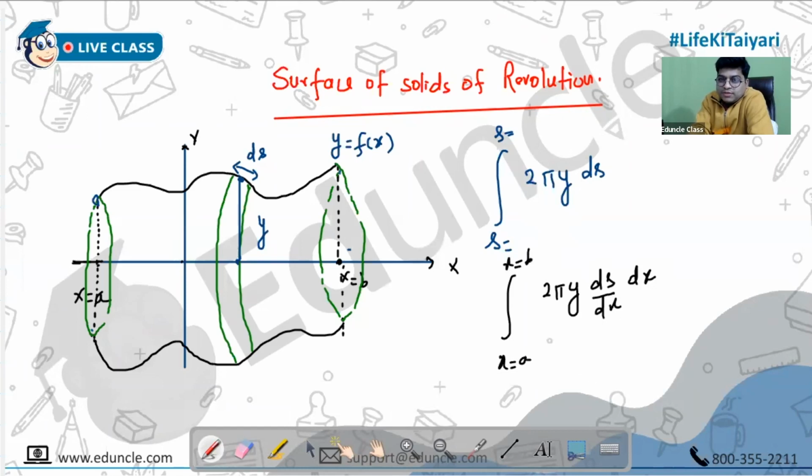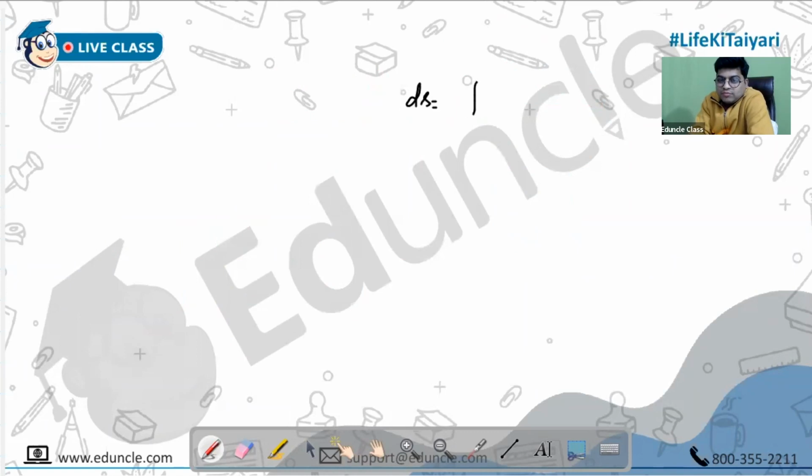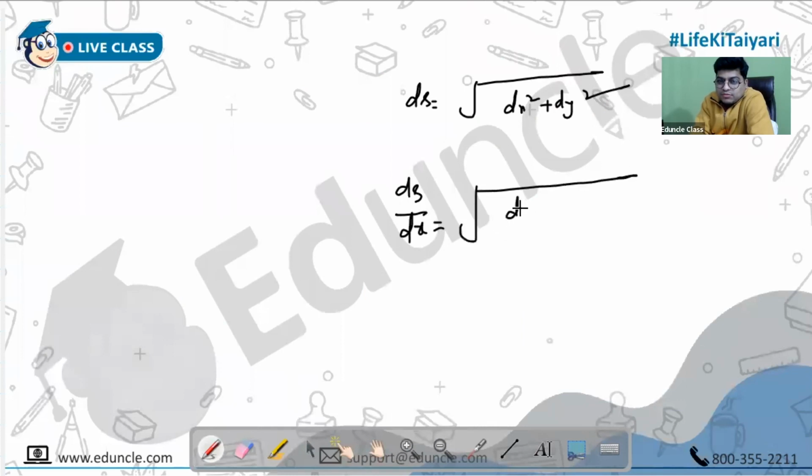What is ds by dx? You should know that ds, which we studied, is the square root of dx square plus dy square. So ds by dx is nothing but the square root of 1 plus dy by dx whole square.